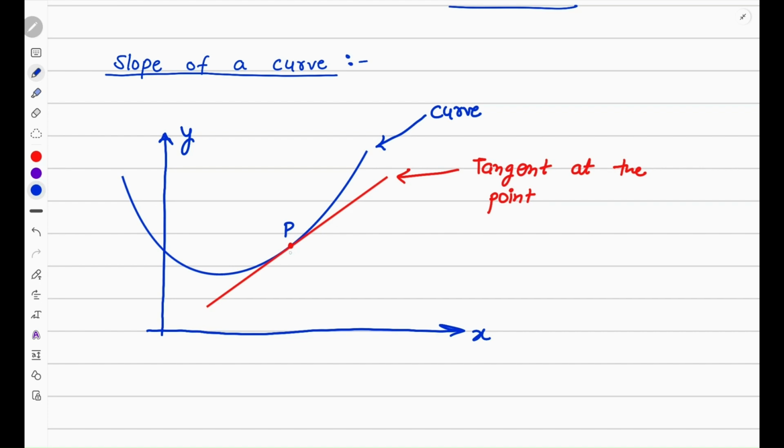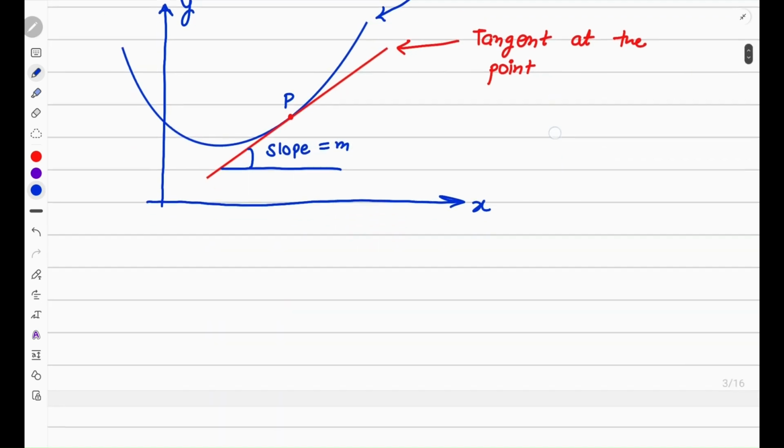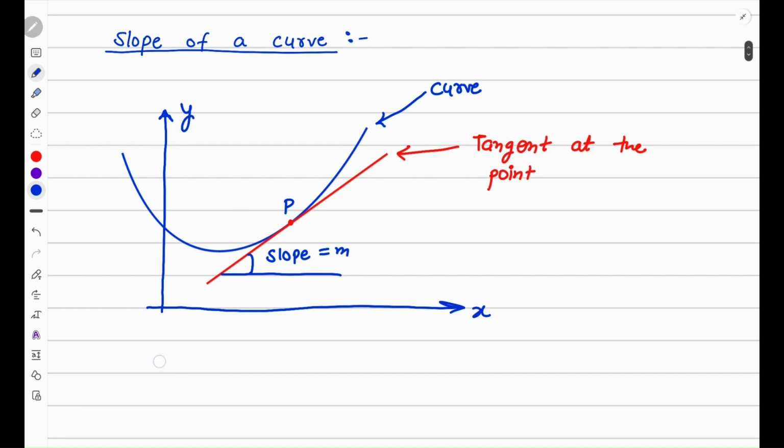If we want to measure the slope at this point, this is slope m. We can move delta y distance in the y direction and delta x distance in the x direction.